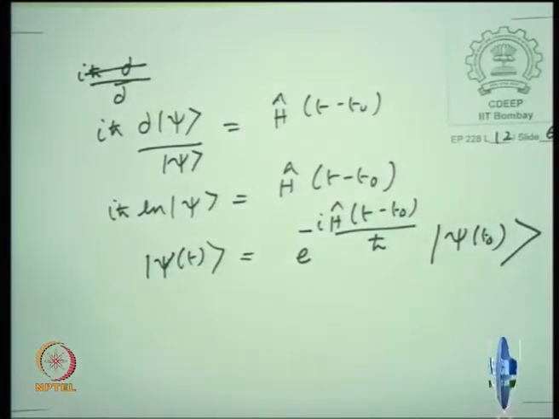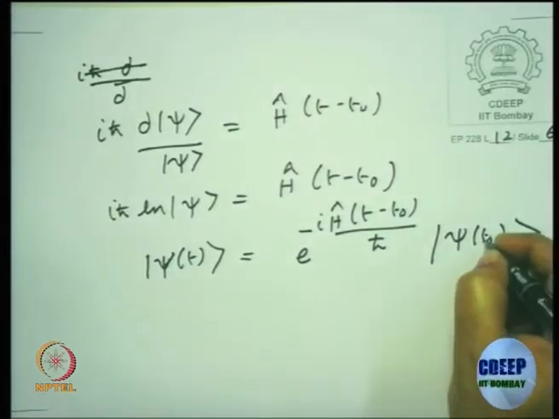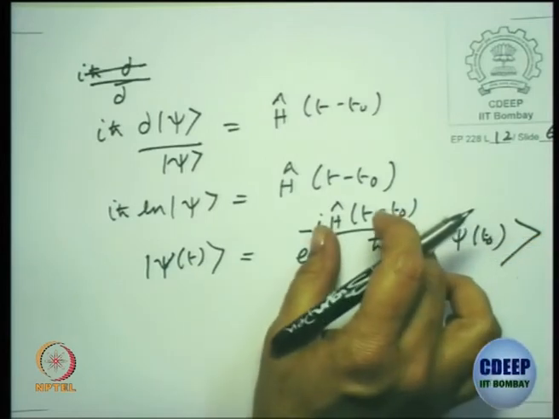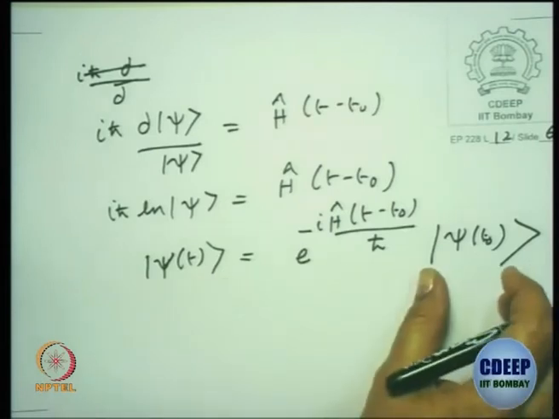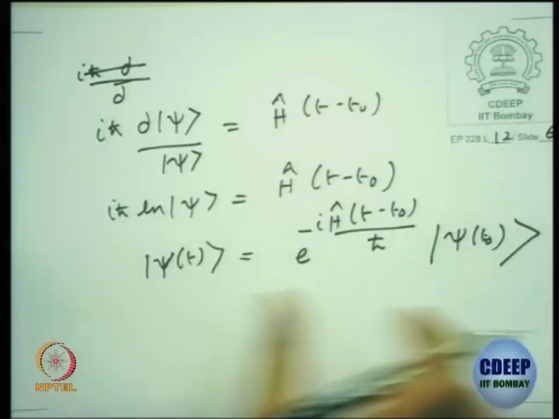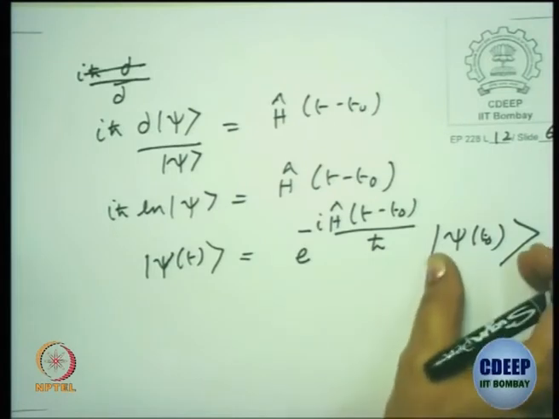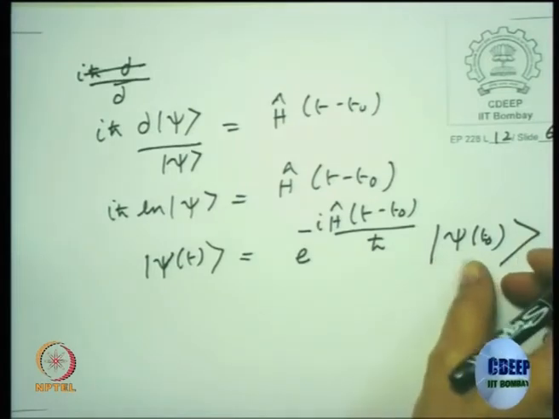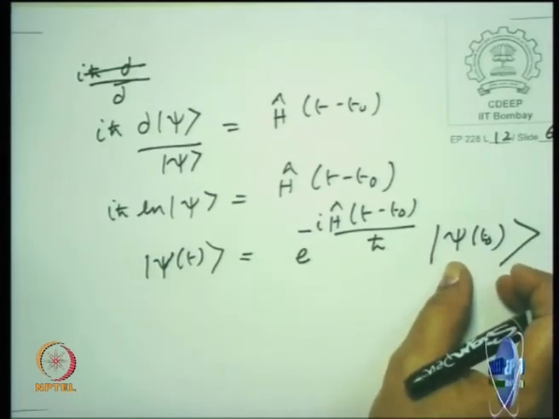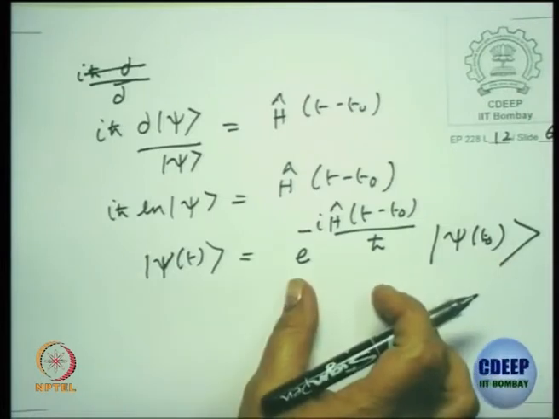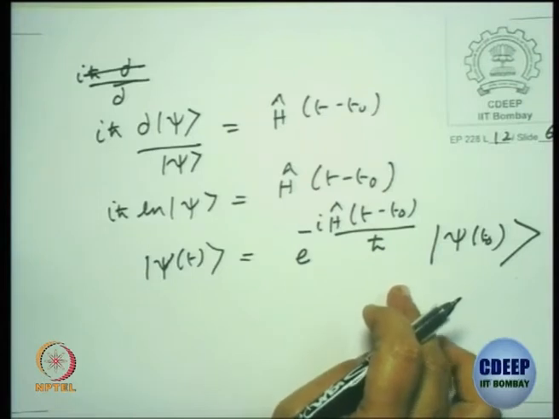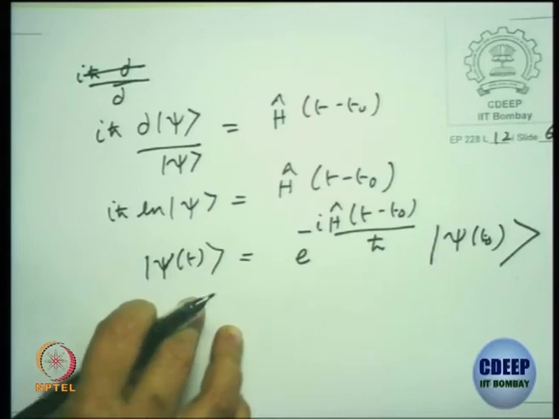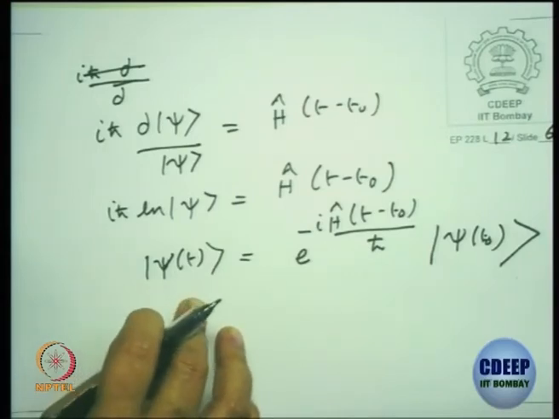Is that right? So, at t equal to t naught, this term vanishes, this is an identity operator. So, psi t naught will be psi t naught, and this gives you the state vector, the initial state vector at t naught evolves in time by this operator to give you the new state. What were Hamilton's equations doing?